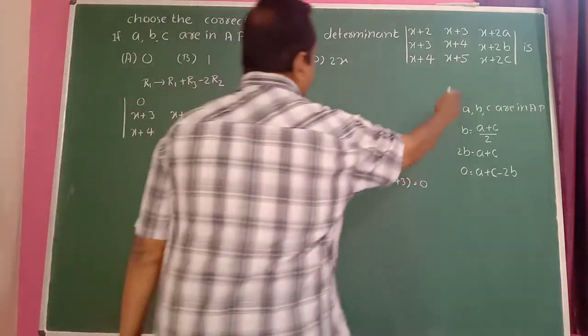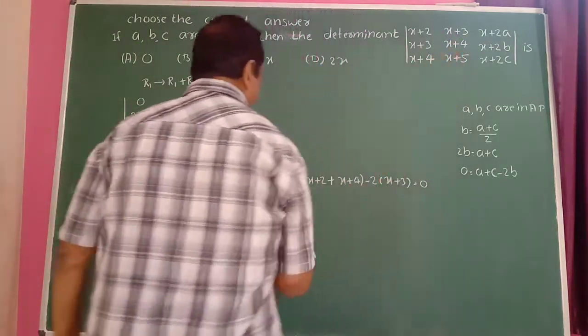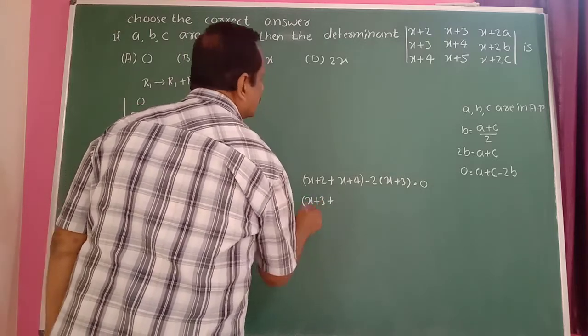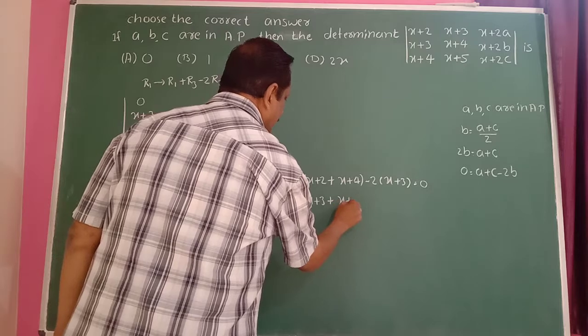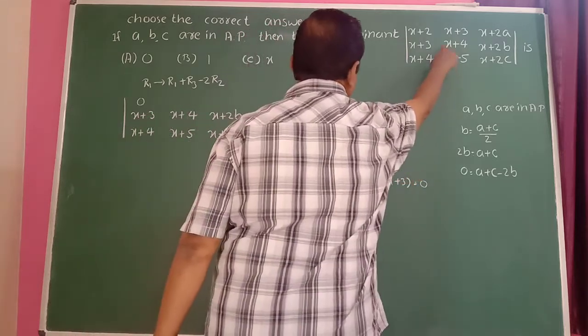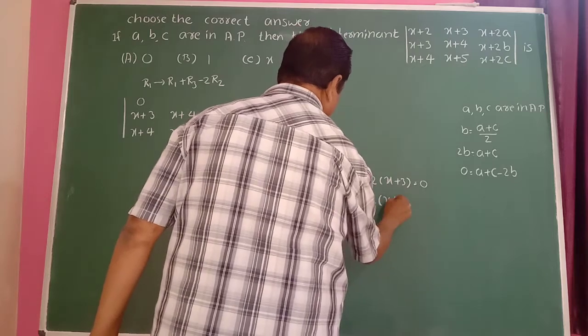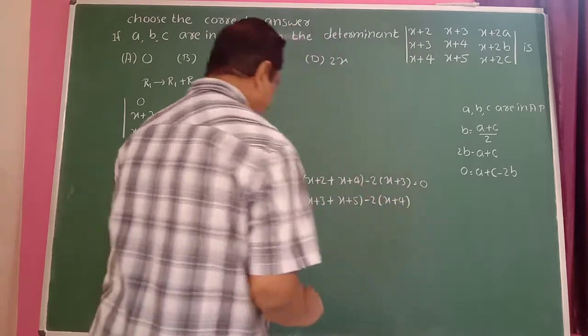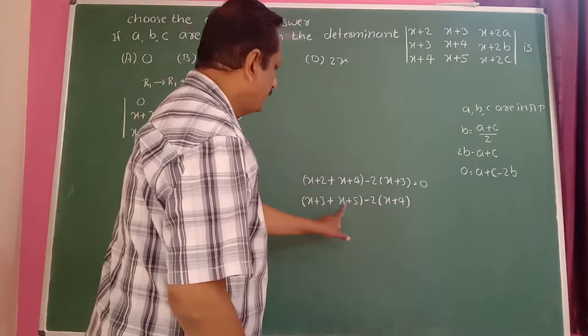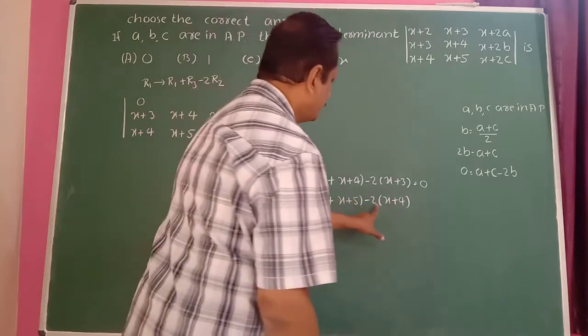Similarly, this plus this here, x plus 3 plus x plus 5 minus 2 into x plus 4. Here x plus x is 2x, minus 2x becomes 0. 5 plus 3 is 8, minus 4 twos are 8.